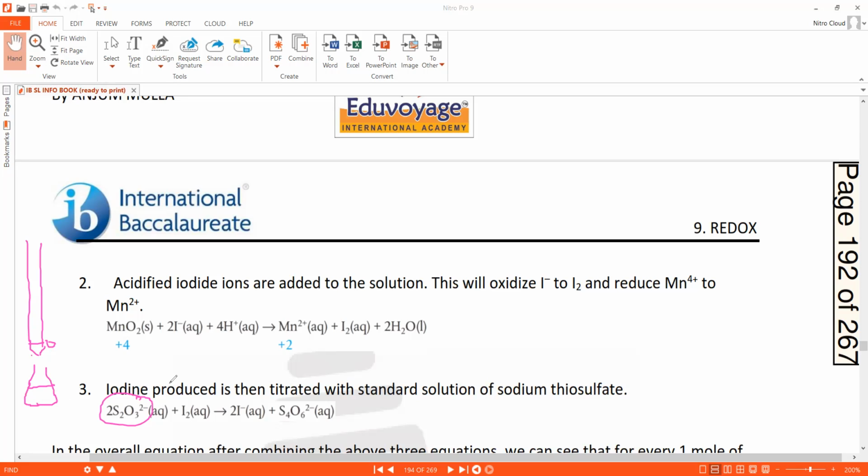You add starch indicator and so on. So basically, you find out the number of moles of sodium thiosulfate required to react with all the iodine, to convert all the iodine to iodide.